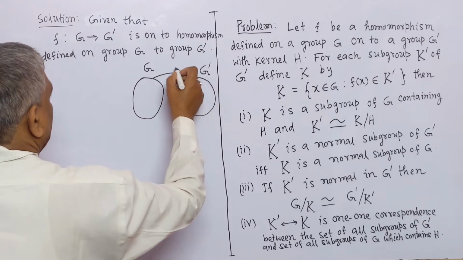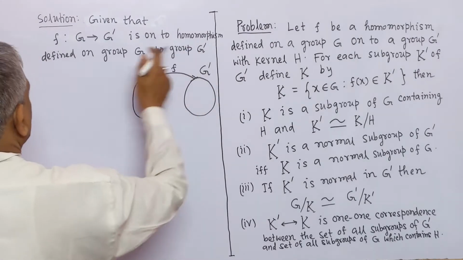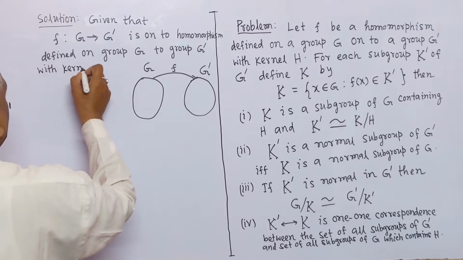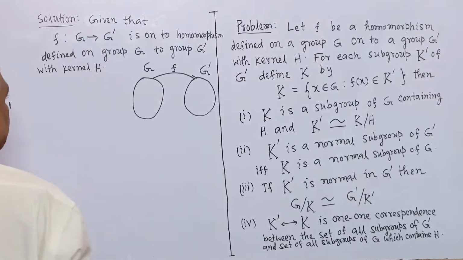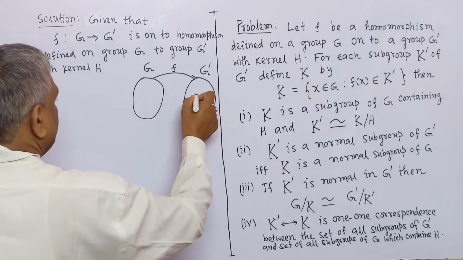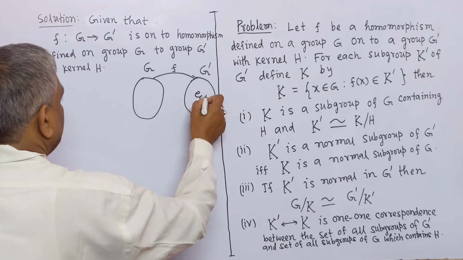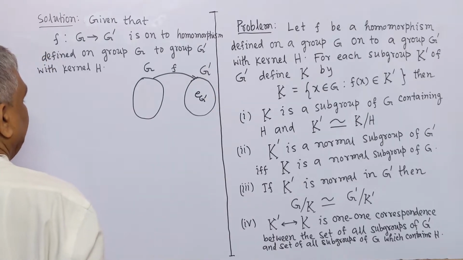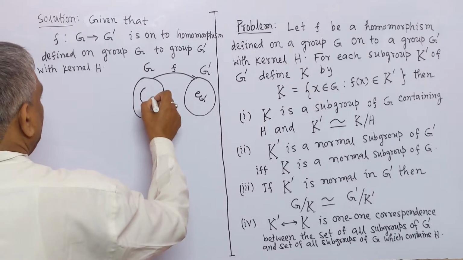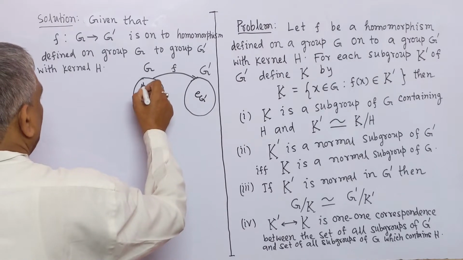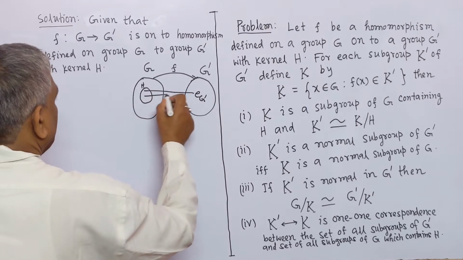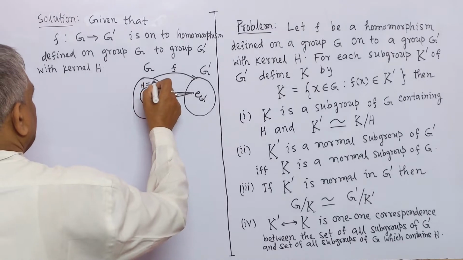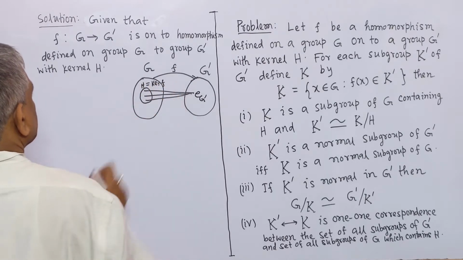F is the onto homomorphism with kernel H. That means, let e_G prime be the identity element of group G prime. Then the image of all elements of H is e_G prime. This H is the kernel of F.